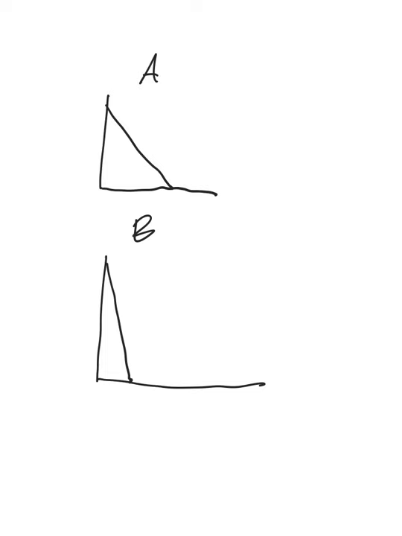Because of the way comparative advantage works, the country with the steeper slope will export what I call the vertical good, and the country with the flatter slope will export what I call the horizontal good. And that just comes out of comparative advantage and the way the trade-off works.